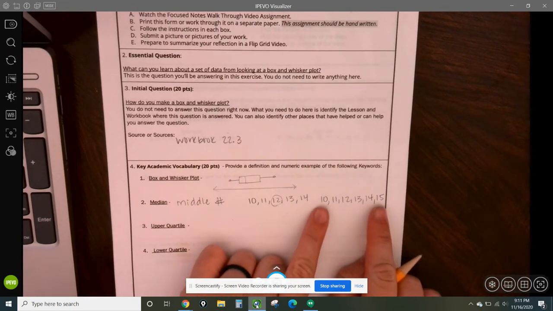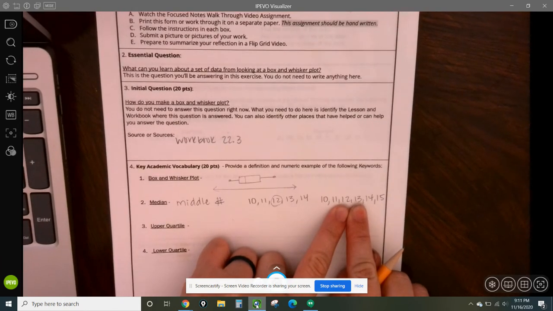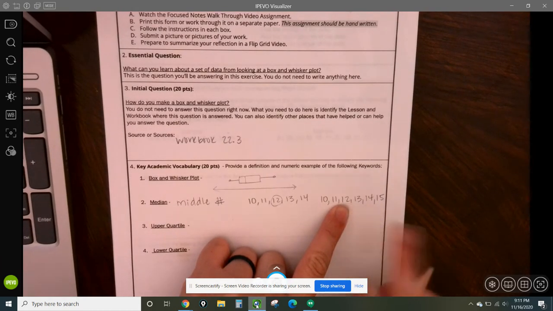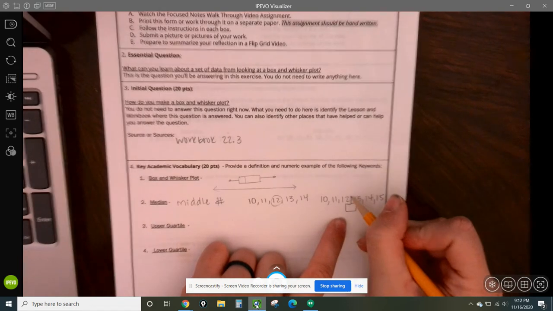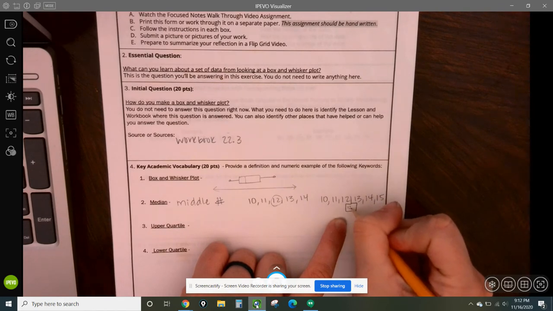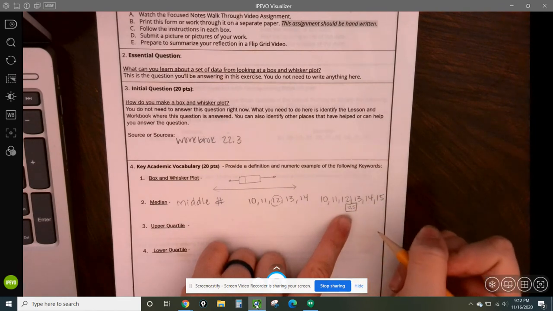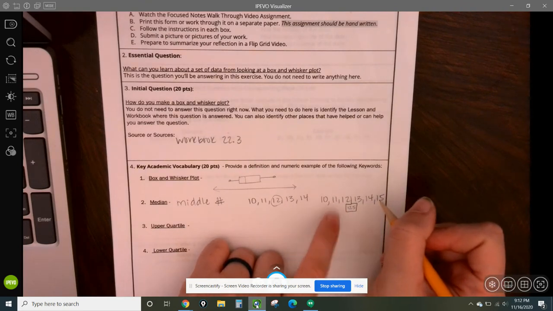If I want to find the median of these numbers, if I start counting in with my fingers, I run in right between 12 and 13. So what I do is I just drop down a little box right here. My median is going to be between 12 and 13. So that would be 12.5 or 12 and a half. So sometimes the median is not actually one of the numbers in the group.